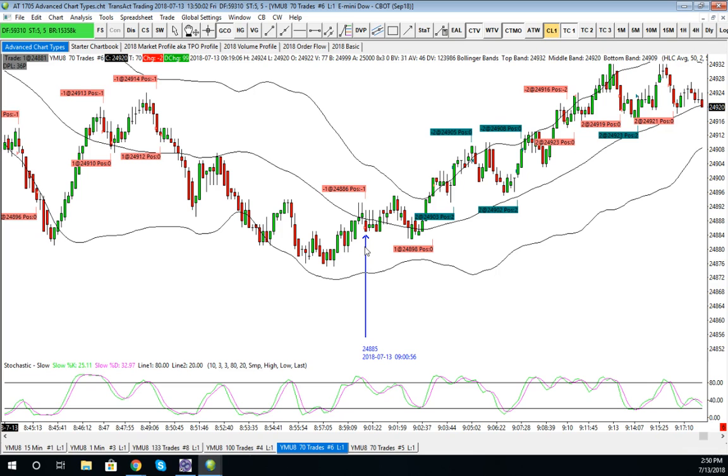There were a couple of legs down, you can see, before the trade was taken. So really, we can't say that it was necessarily a very high probability trade, but I liked this action here and I went short. Now the price moved sideways, popped up, and then came back down.